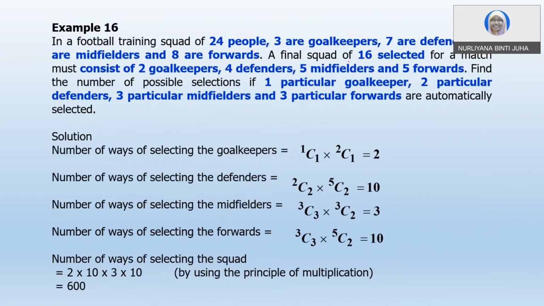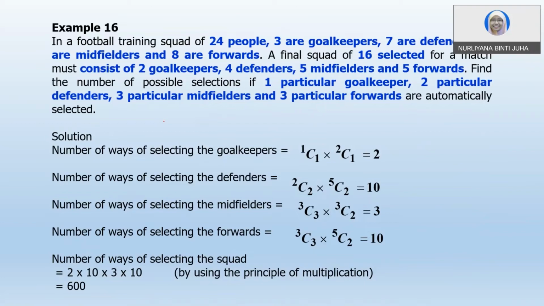These 16 are distributed as 2 goalkeepers, 4 defenders, 5 midfielders and 5 forwards. But then it says find the number of possible selections if one particular goalkeeper, only one particular, 2 particular defenders, 3 midfielders, 3 forwards are automatically selected.